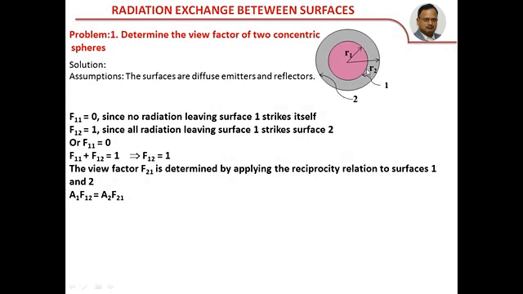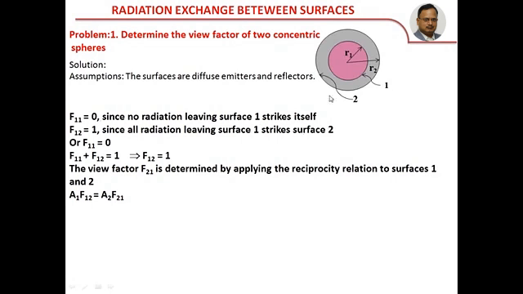If you look at this, the total amount of energy emitted by the inner sphere has to go and fall on sphere 2. So therefore F1 to 2 equals 1, since all radiation leaving surface 1 strikes surface 2. And F1 to 1 equals 0 because no radiation leaving surface 1 can strike itself.